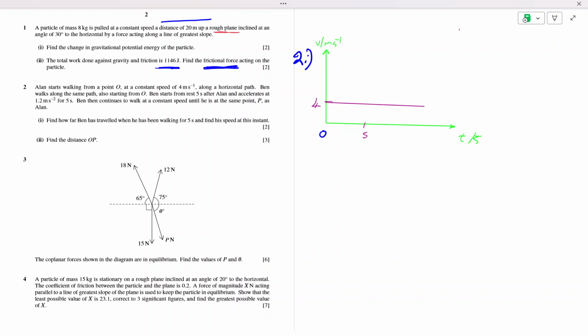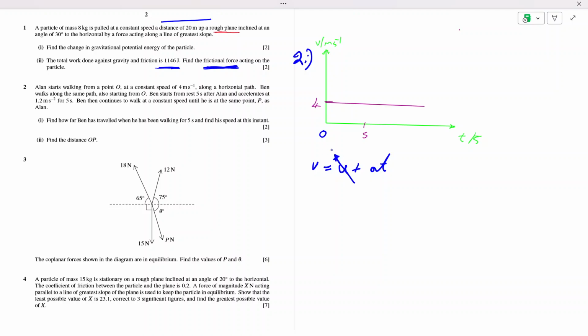We want to calculate the final velocity that Ben has after those 5 seconds. Since Ben's acceleration is constant, we're going to use a SUVAT equation to find his final speed. I'll use the equation v = u + at.